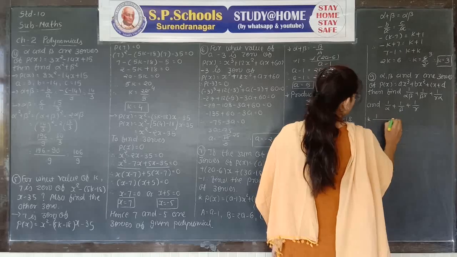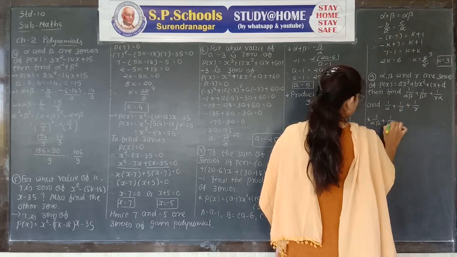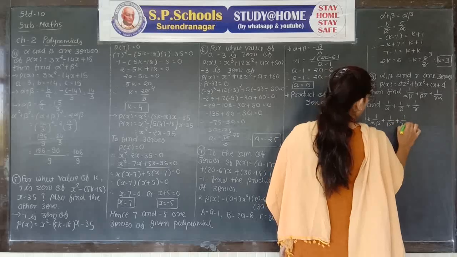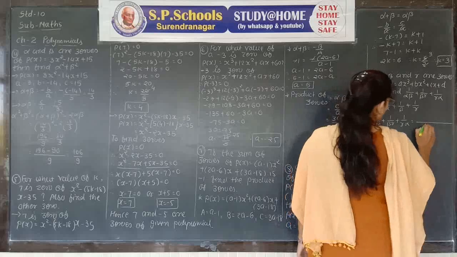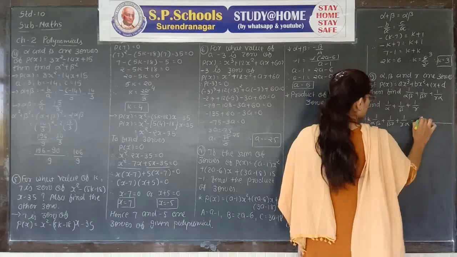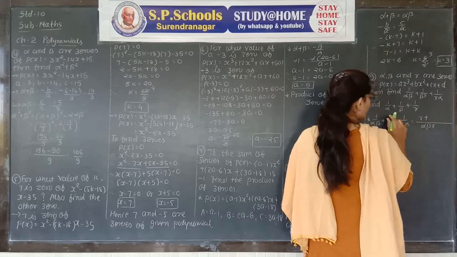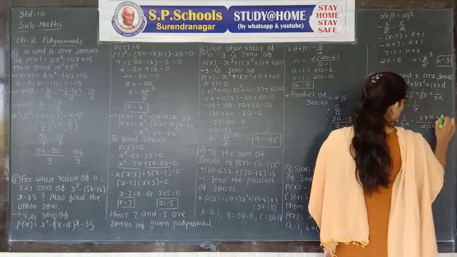First is 1 upon alpha beta plus 1 upon beta gamma plus 1 upon gamma alpha. By taking LCM, our LCM is alpha beta gamma. Instead of the first one it is gamma, instead of the second one it is alpha, and instead of the third one it is beta.